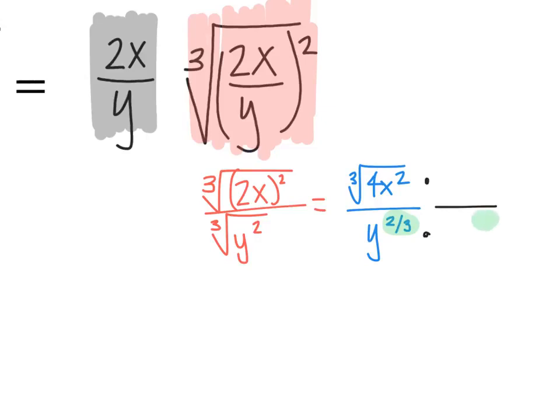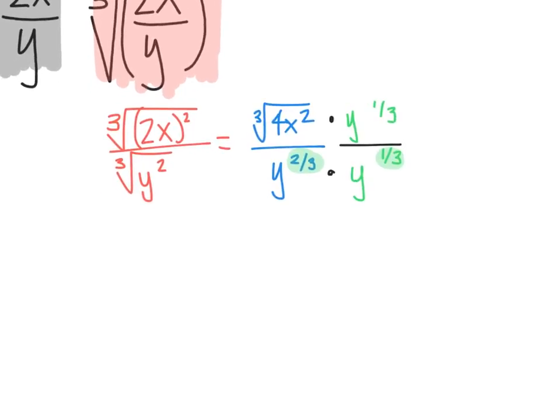So I need something that I can add to y's exponent that will give me a whole number. If I have 2/3 and I need to get a whole number, then I need to add 1/3, because 2/3 plus 1/3 is 1, which means I need to do the same thing in the numerator.